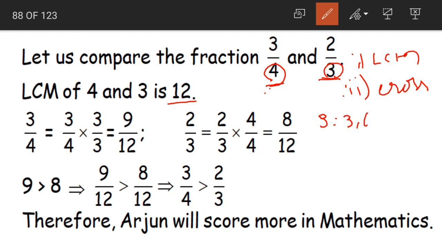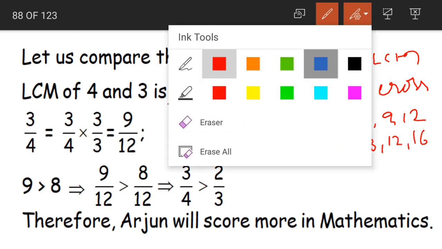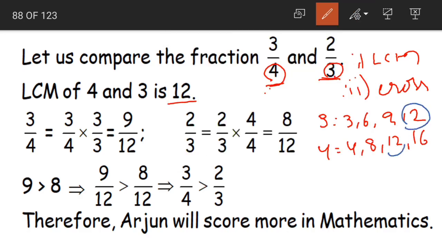See, the multiples of 3 are 3, 6, 9, 12. The multiples of 4 are 4, 8, 12, 16. So what is the least common multiple here? 12 is the least common multiple. Of 4 and 3, the LCM is 12. Now we should convert these into like fractions which have the denominator 12.